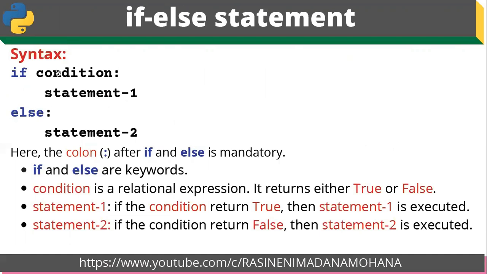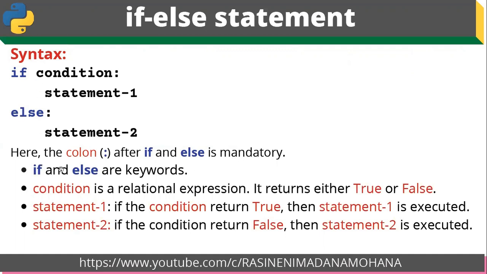So the syntax for the if-else statement is: the first part is the same as a simple if statement, if condition, statement 1, up to this same. Now the else part is added. Next one, else colon, statement 2. If the condition is true, statement 1 is executed. If the condition is false, then it comes to the else part and statement 2 is executed. Here also after if and else, the colon is mandatory.